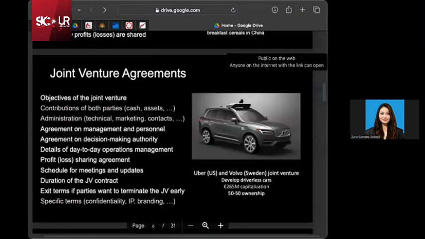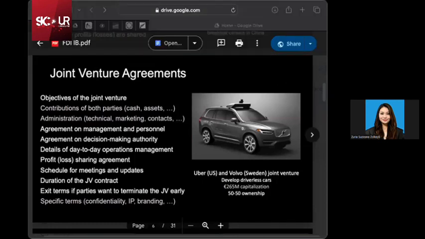All right. So a joint venture agreement usually includes the objectives and goals of the joint venture. Contributions from both parties, such as cash, physical assets, and customer lists, and administrative contributions. So it can be technical input, marketing strategy, list of contacts, or anything, okay.